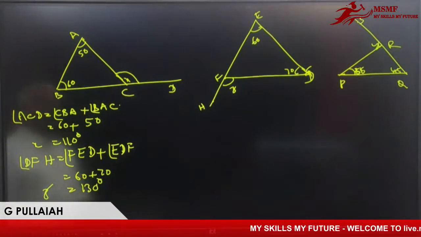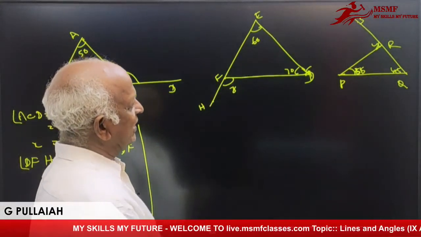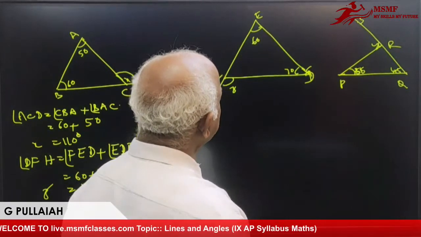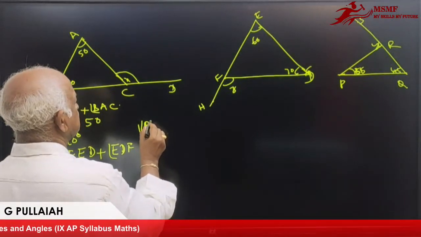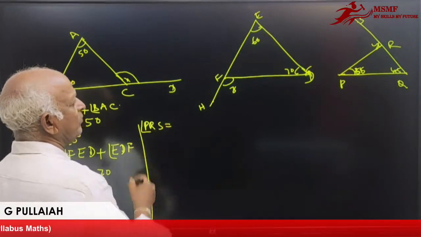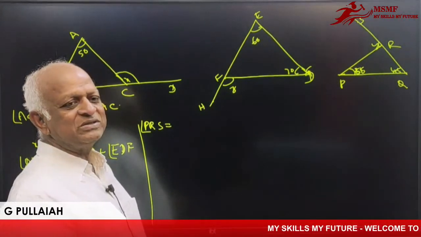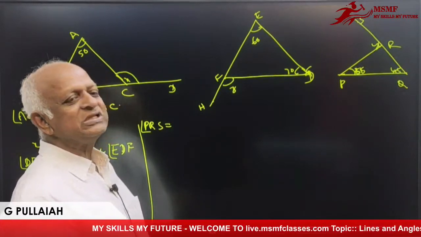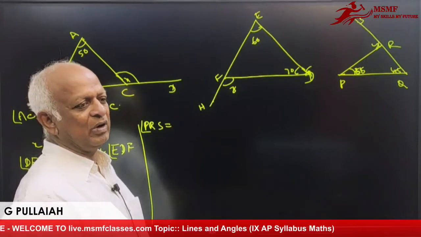Z is equal to 130 degrees. Now if you go to the other diagram, we are expected to find the value of y here. And this y is angle PRS. Now PRS is the exterior angle by producing the side QR of triangle PQR.